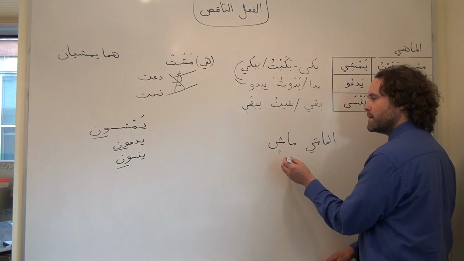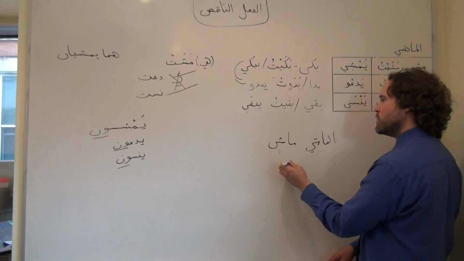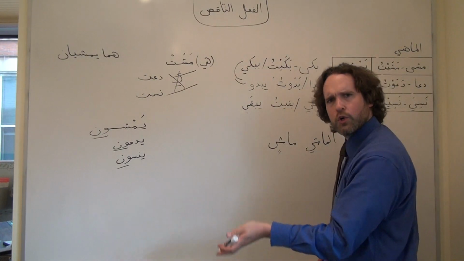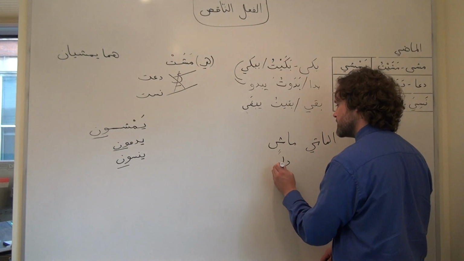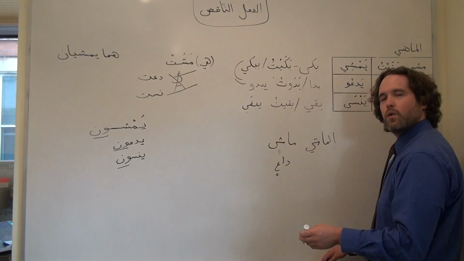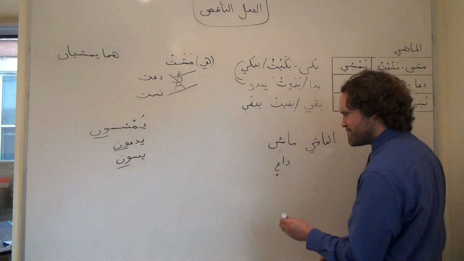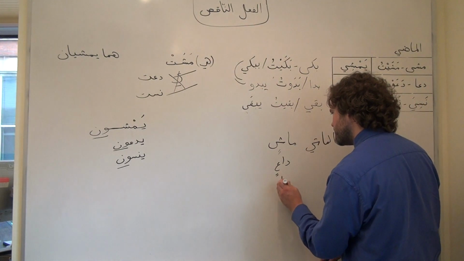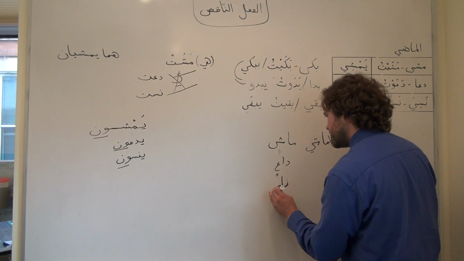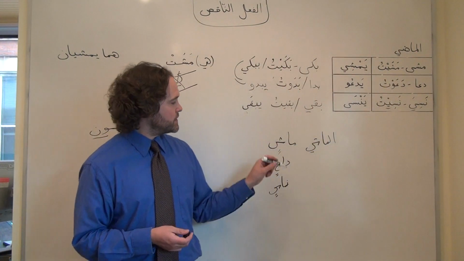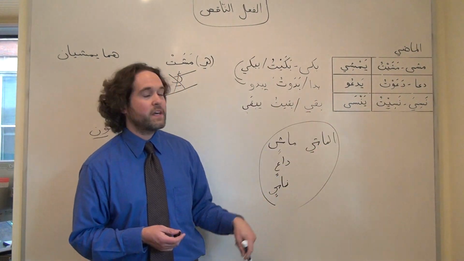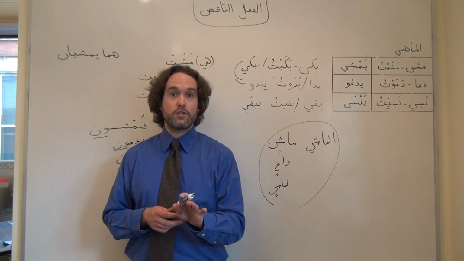But in marfu' and majroor, we would say mashin, so like someone, a walker, one who is walking, or someone who is calling. We could possibly see da'in, or a forgetter, one who forgets, could be nasin. Once again, there's a video on how that works and when we can expect it, that you can go and view at your leisure.